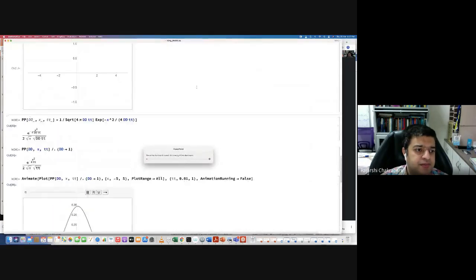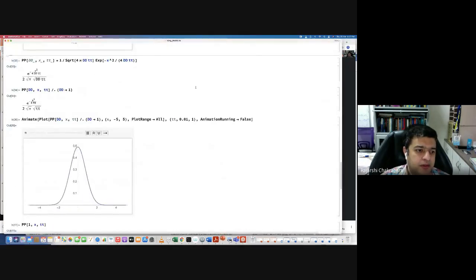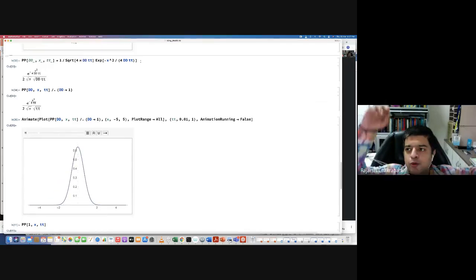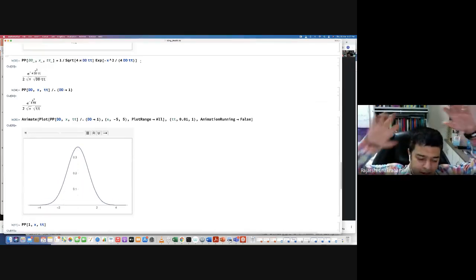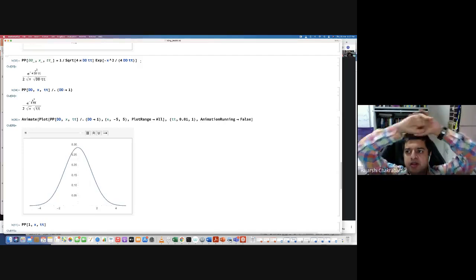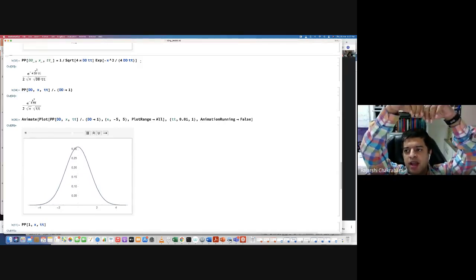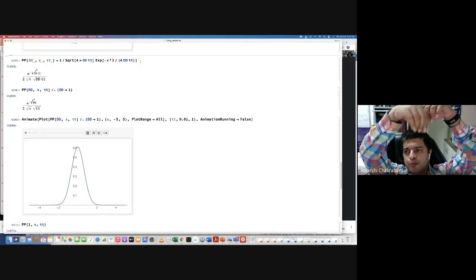Can everyone see this? So this is the distribution. What do you think? Think about the experiment. Take a glass of water, put a drop of ink. It is highly dense at time 0, a delta function.